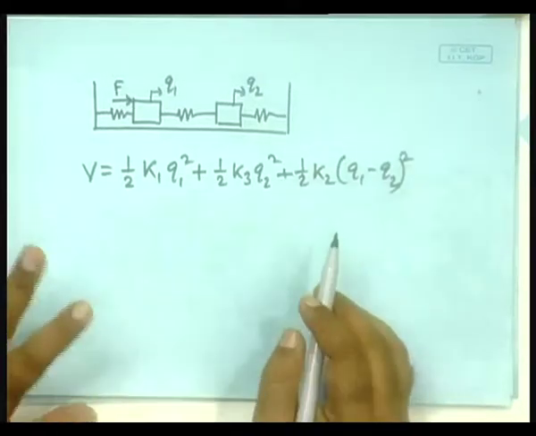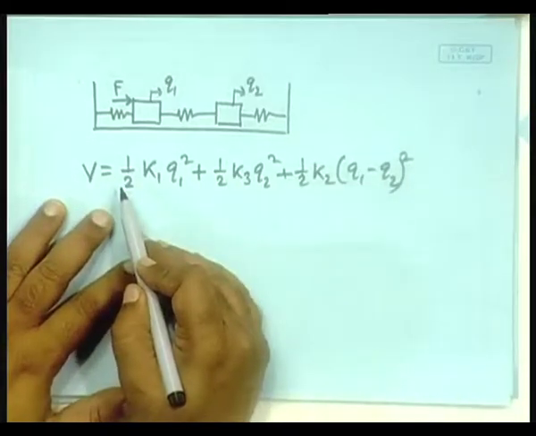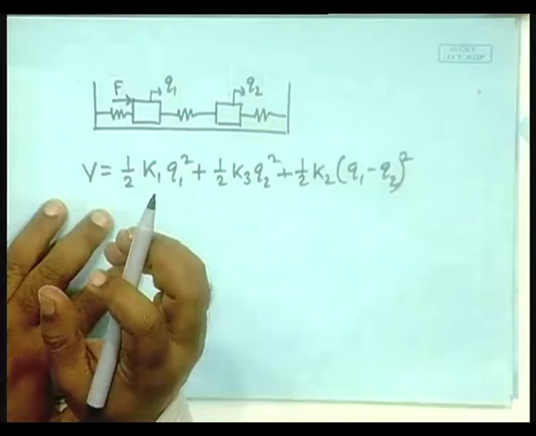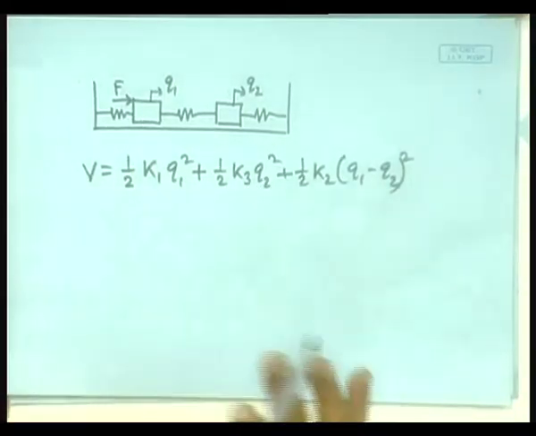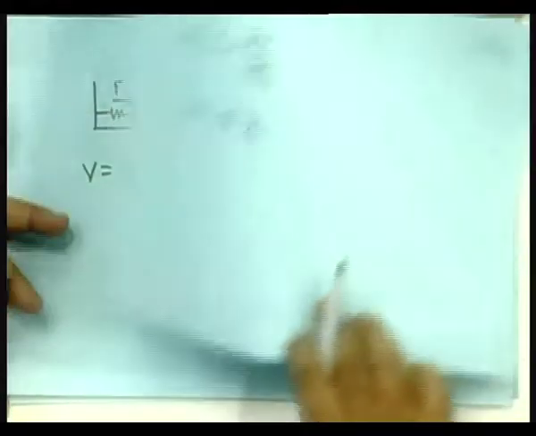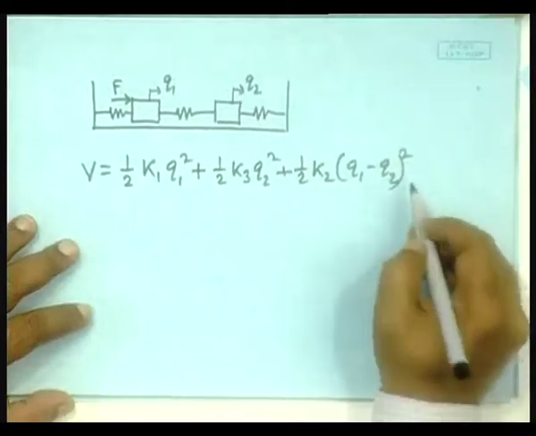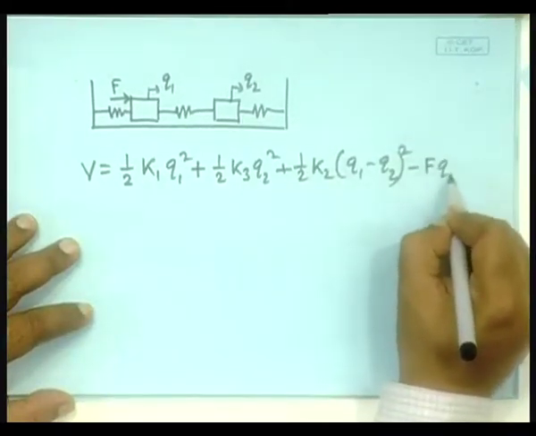What gets additionally added to this potential function, so that the total force is still obtainable from the potential function by a simple derivative? What I said is that you have to add minus F times Q1, that is it.